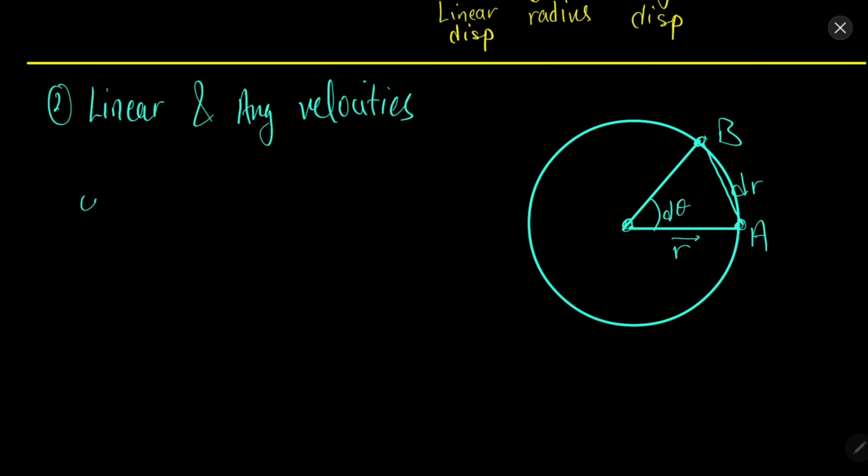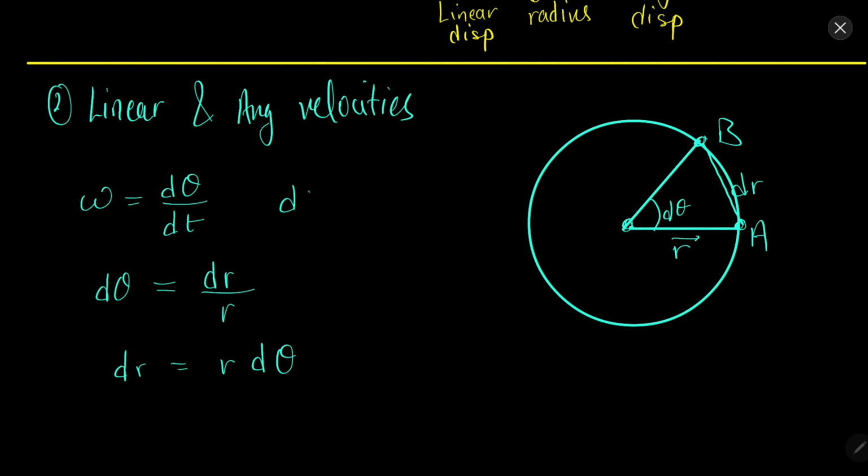So what is the angular velocity? It is d theta by dt, and we know that d theta will be equal to dr by r as discussed above. So we can write dr equal to r d theta. Now what will be d theta? D theta will be omega dt from here.